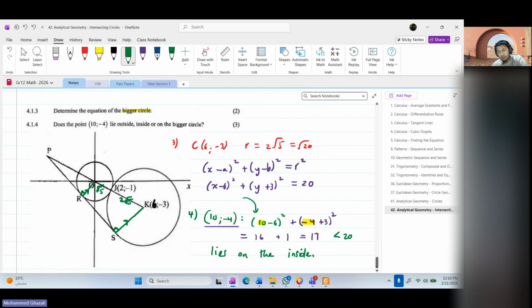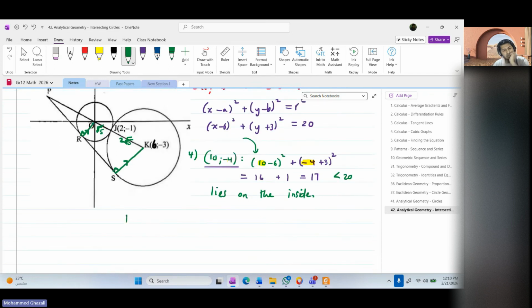Now, note, if the point you substituted for x and y gives less than r squared, then it's inside the circle.